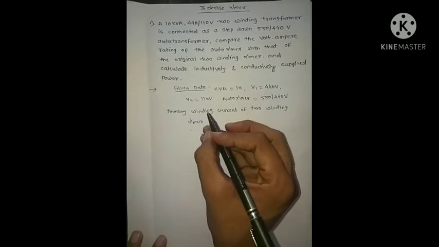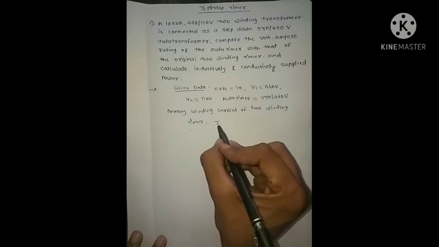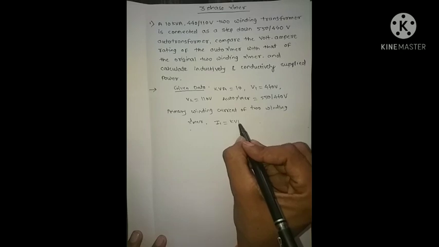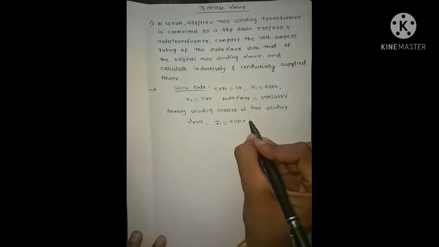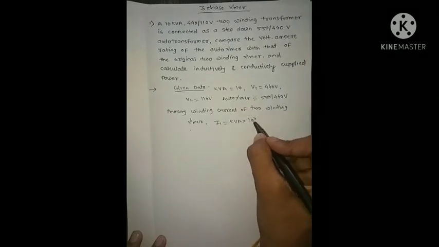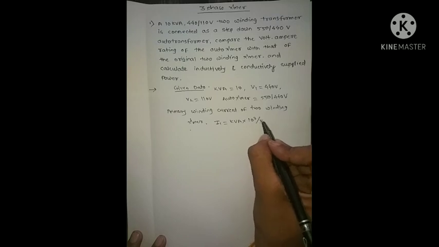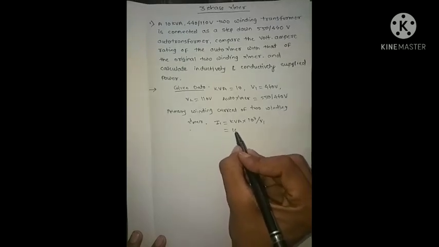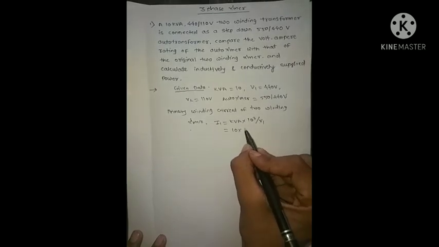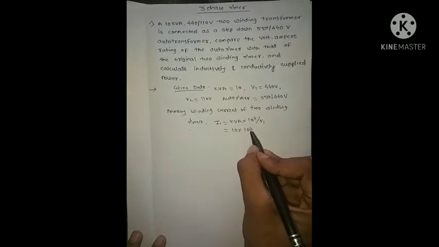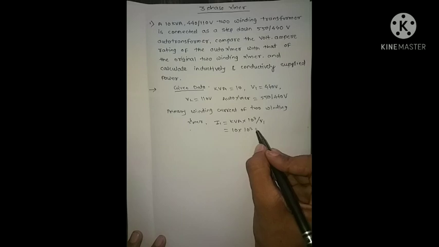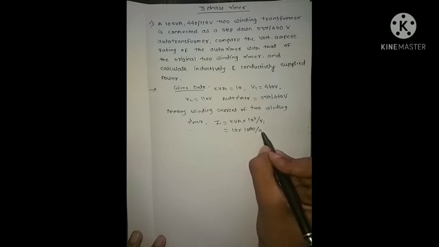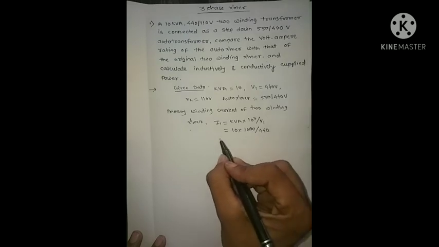For that we have to use the formula I1 equals to kVA into 10 raised to 3 upon V1. So the value of kVA is 10 into 10 raised to 3, which means 1000, divided by the value of V1, 440.